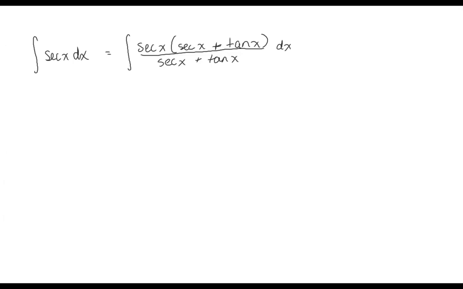Now let's take a peek. We're going to simplify the numerator, secant squared x. Now wait a minute, secant squared x is the derivative of what function? Somebody shout it out loud. Secant squared x is the derivative of, I know somebody knows.